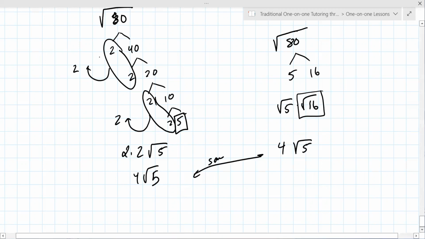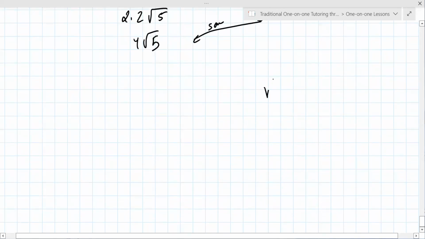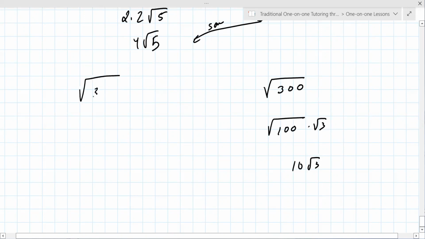The approach you mentioned works really well for something like the square root of 300. It's the square root of 100 times the square root of 3, that's 10 root 3. Whereas building a factor tree, like 2 and 50, 2 and 75, 3 goes into 25, and 5 and 5, is a lot more work.